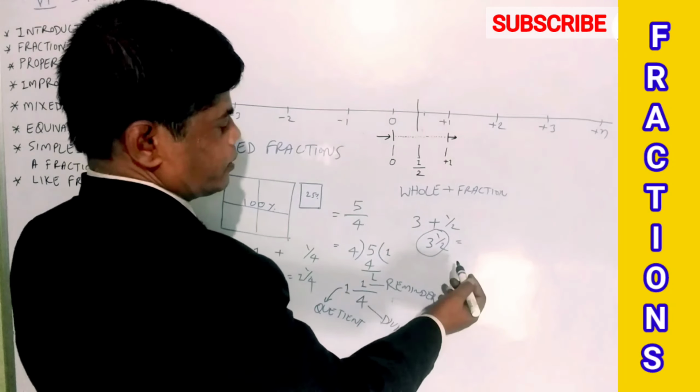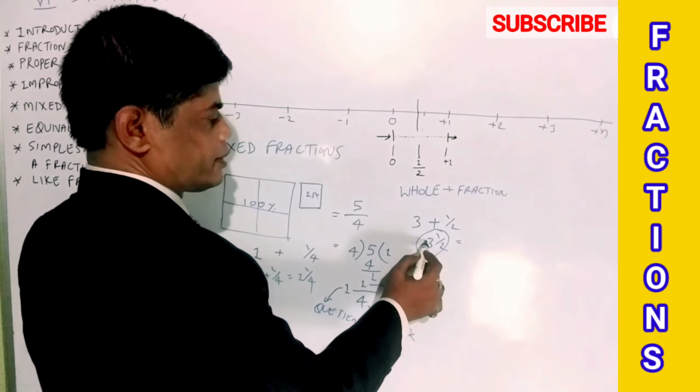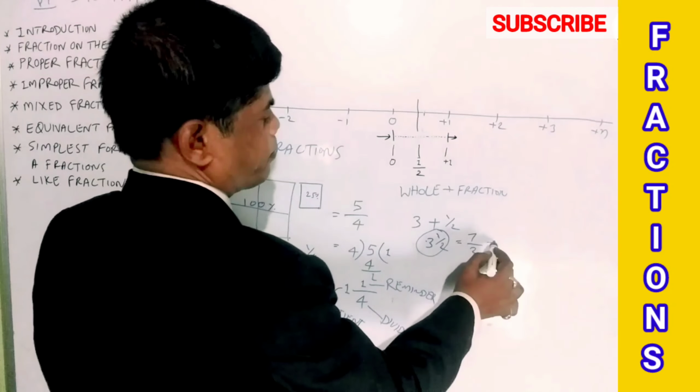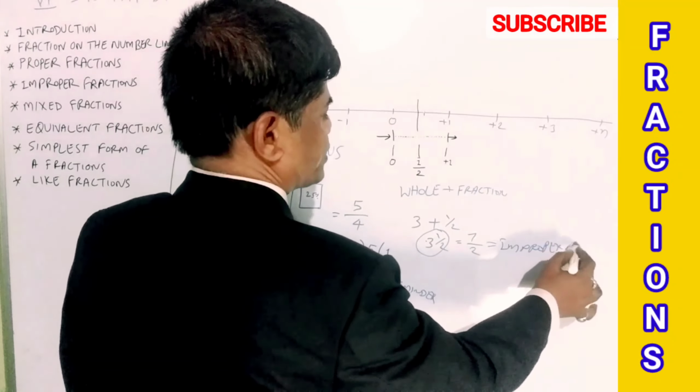If you want to write it as a normal fraction, 2 into 3 is 6, 6 plus 1 is 7, 7 by 2. It becomes an improper fraction.